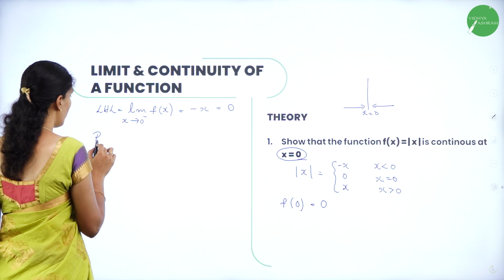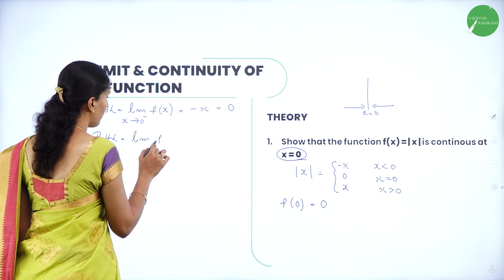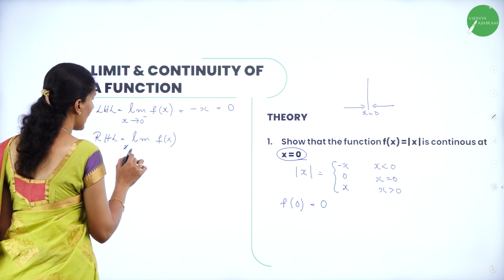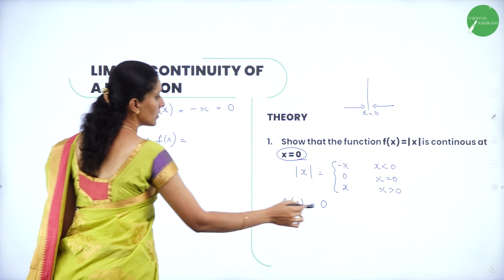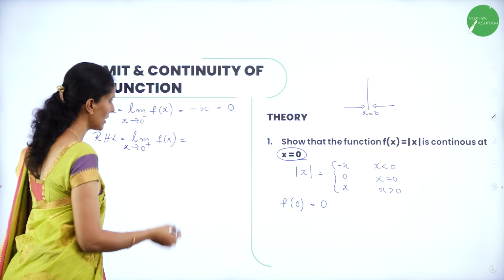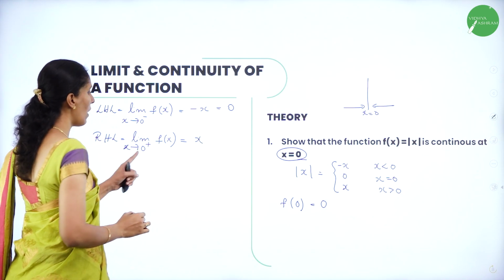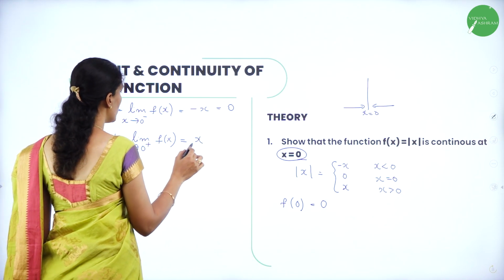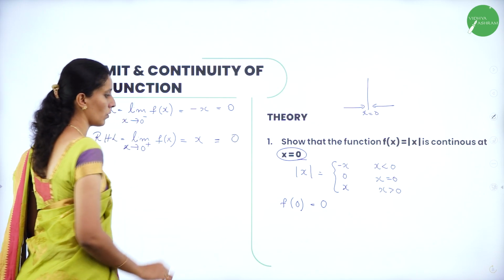Next RHL, that is the limit of f of x as x approaches from the right side. So we write plus. Right side means it is greater than 0. For x greater than 0, the function is x. Now apply the limit here also. If you put x equal to 0 for this function, this is also 0.